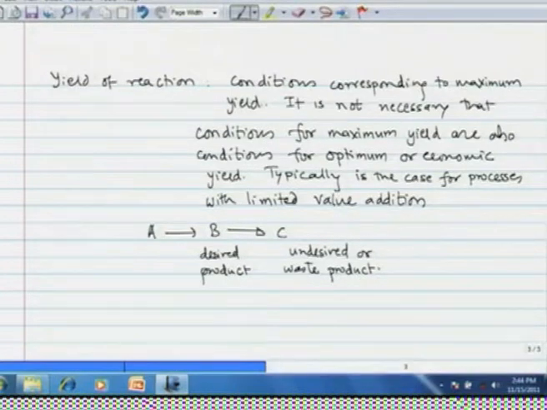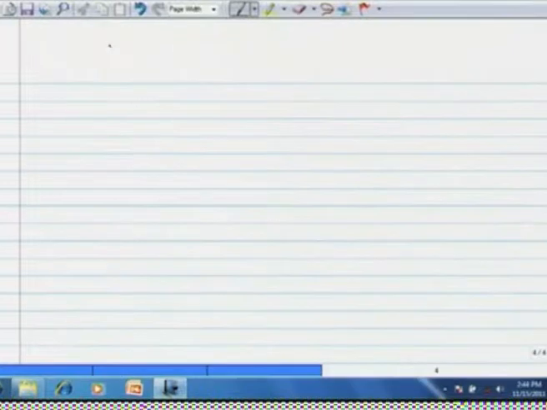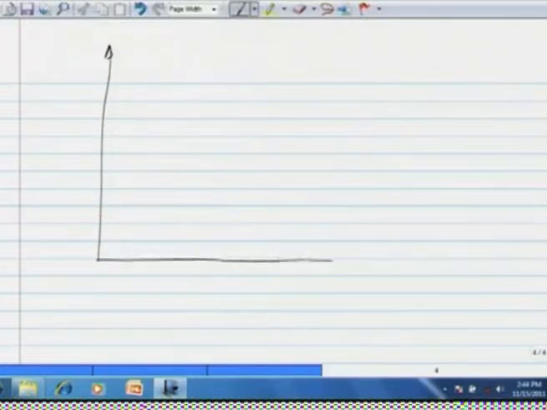Now, the typical progress of a reaction can be shown as follows. With respect to time in a batch process or with respect to space time velocity in a continuous process. Okay. So, what we are plotting now is concentration versus time.